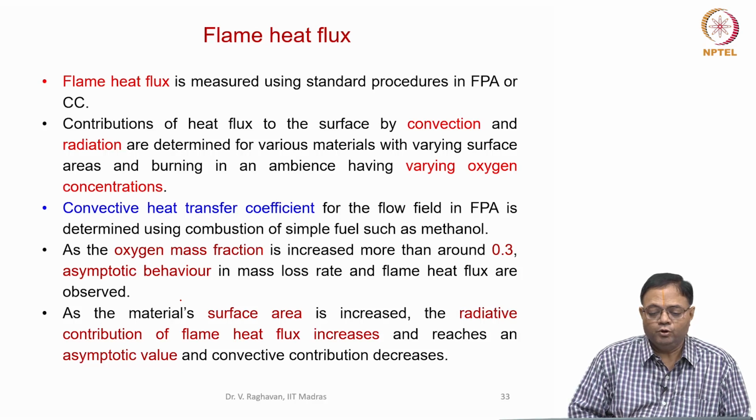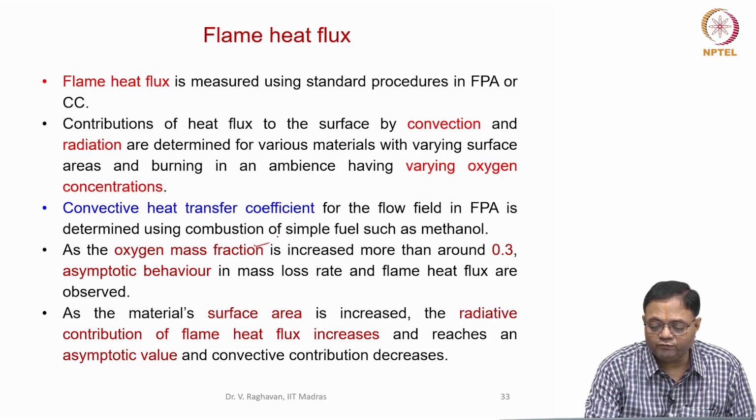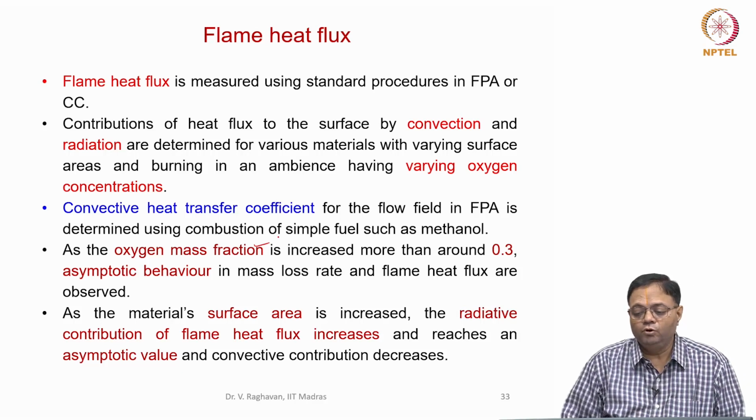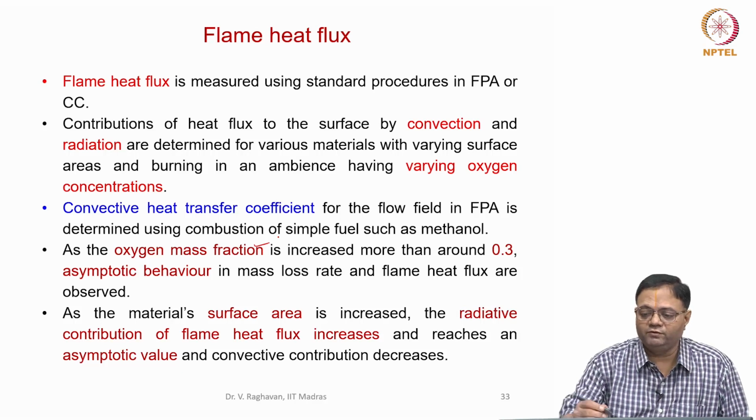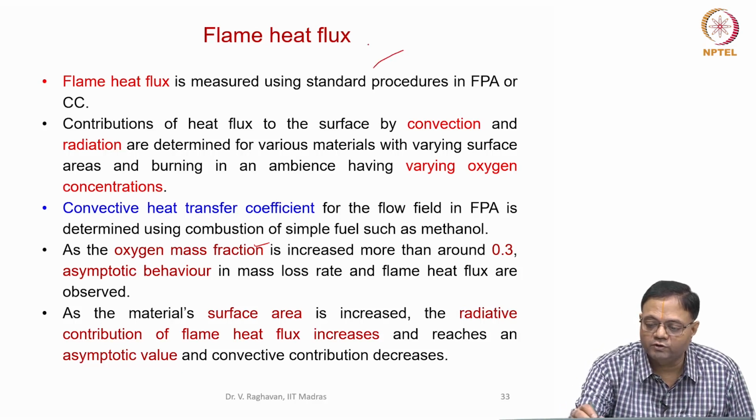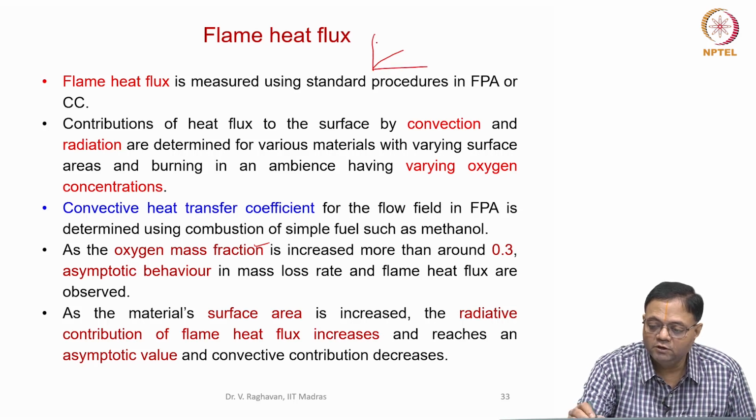Okay, now what was seen is, if the oxygen mass fraction is increased more than about 0.3, then asymptotic behavior in the mass loss rate comes. So, the mass loss rate basically increases with the oxygen concentration. So, I can draw this. For example, this is the mass loss rate m dot, and this is the O2 concentration.